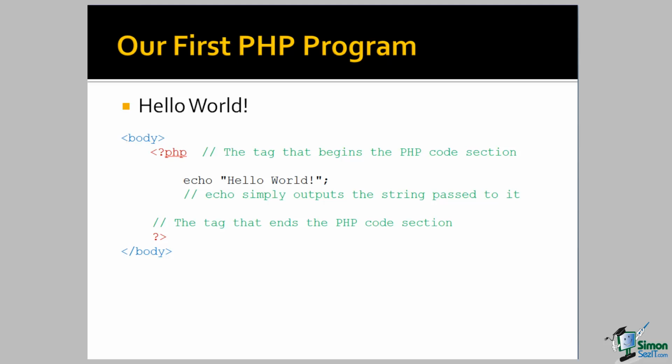Then we say echo hello world. And all this is doing, the echo command just sends that text, that string, into the HTML document. It just echoes it. It prints it out. And then we have the end tag. And notice again that we have the semicolon at the end of the echo statement. This marks the end of the statement and is absolutely required.